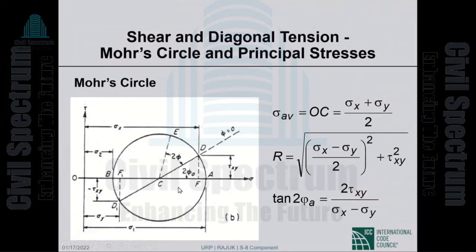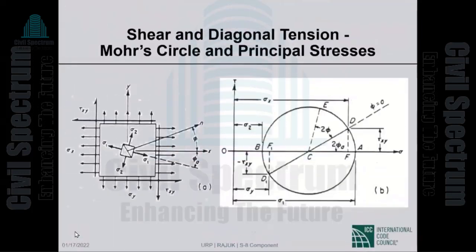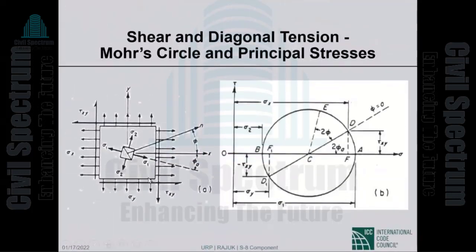So the radius is the square root of this distance squared and that distance squared, which is equal to this. And the tan of this angle is as shown here. Tan of 2 phi a is, I should have pointed out, if the principal stress is inclined at phi a, then on the Mohr circle that angle will be 2 times phi a.